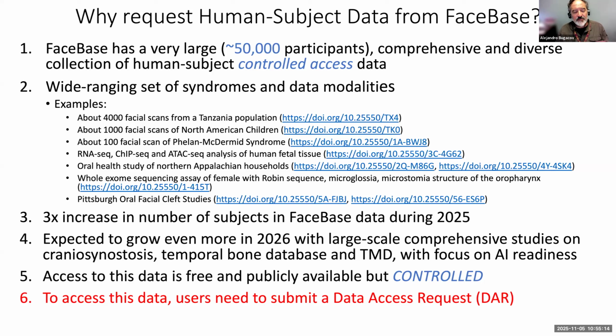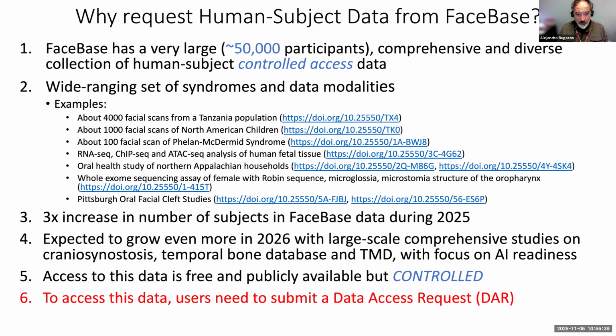So just to give it a bit of an introduction, I want to say why we're requesting human subject data from FaceBase. First of all, because it's by far the most comprehensive repository of data for the DOC community, and we have very large data sets.